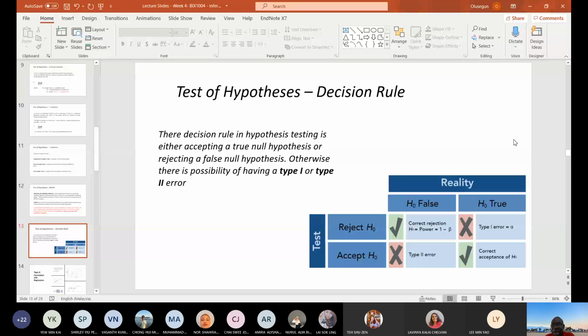But if it is the other way around, that what's supposed to be false is accepted as true, or what is true is now rejected as false, then there is either type 1 or type 2 error. So most of the time, the data we collect will let us know whether the position that is supposed to be true is true, and whether the position that's supposed to be false is false.